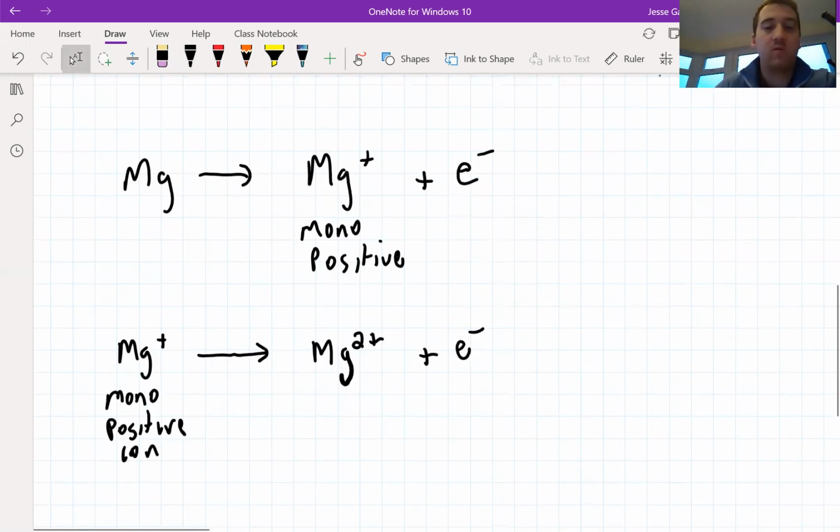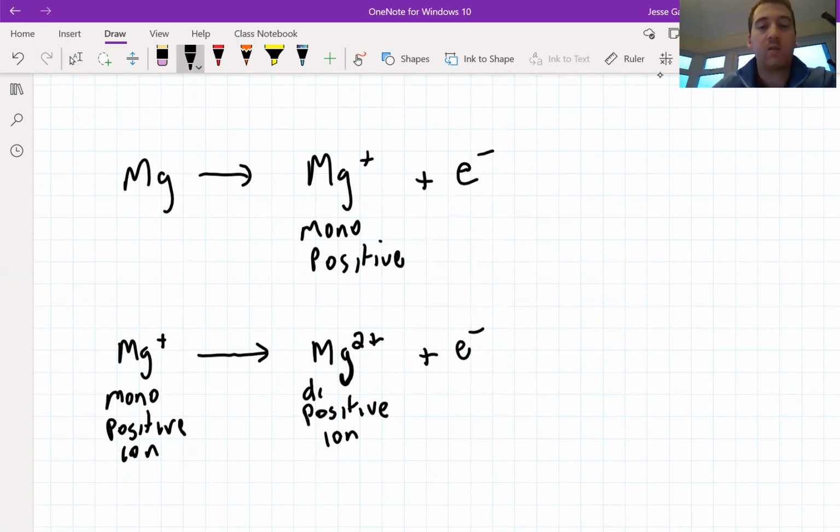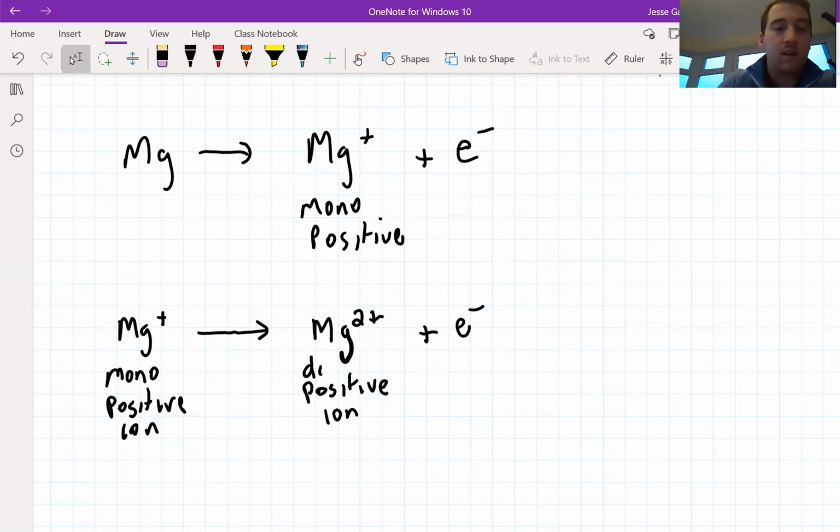This now is what we would call a di-positive ion, di meaning two. So that would be an ion with two positive charges because it's lost two electrons. So this would be an equation for what we call the second ionization.